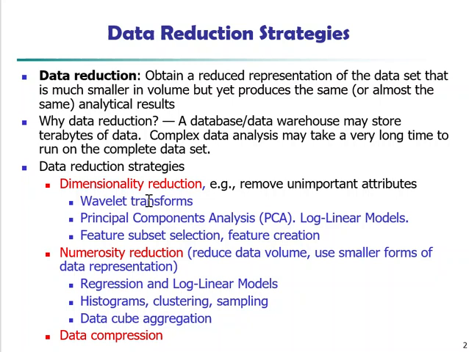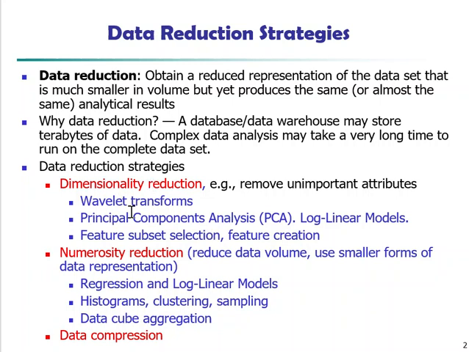Therefore, we can consider wavelet transform not only as a data smoothing strategy, but also as a data dimensionality reduction strategy. The new strategies we're going to talk about today are principal component analysis, log linear models, and feature selection.